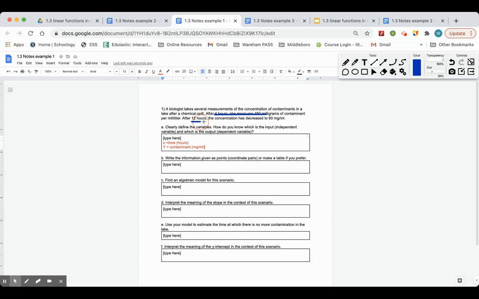And the second one is the 12, 60. So we can use those two ordered pairs to help us write our equation in slope-intercept form. So you want to just write the given information as points or ordered pairs. That's pretty easy to do.